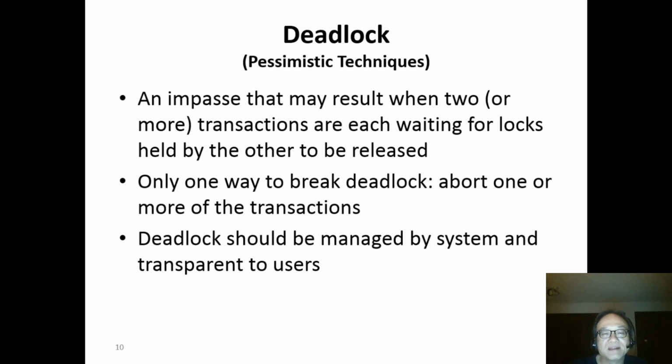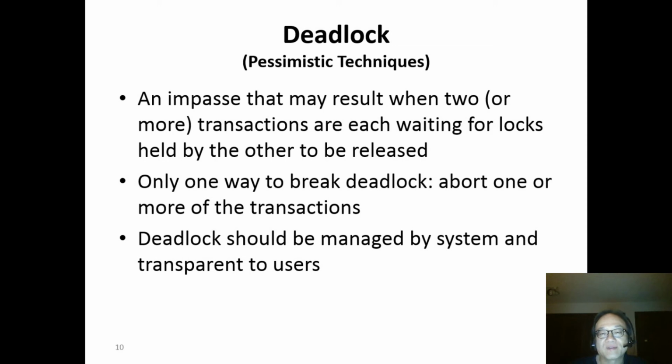Deadlock is an impasse. In a deadlock, transactions are held by other transactions because transactions are waiting for resources locked by other transactions. In order to resolve a deadlock, the database management systems need to choose a transaction or transactions to terminate.